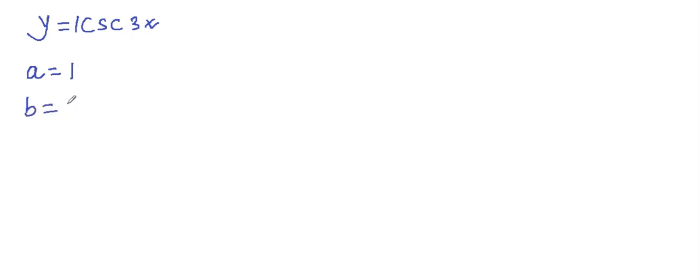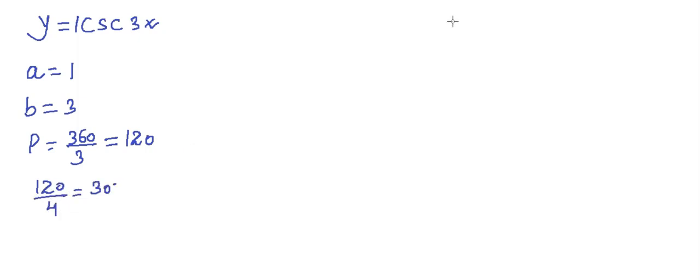B is equal to 3 and period is equal to 360 divided by B, which is 3, so 120. So period we will divide into four parts. So 120 divided by 4 gives you 30 degrees. So let me draw the graph of this. This is your y-axis.